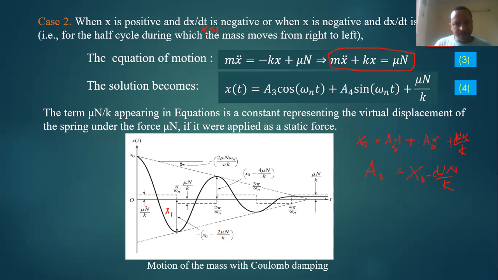So in every half cycle, we can see this reduction of 2 mu N over k. At pi over omega n, then another half cycle at 2 pi over omega n, and 3 pi over omega n. So the amplitude is reduced from time to time.